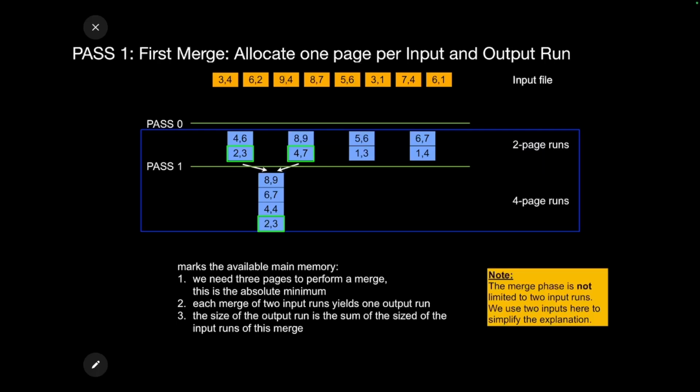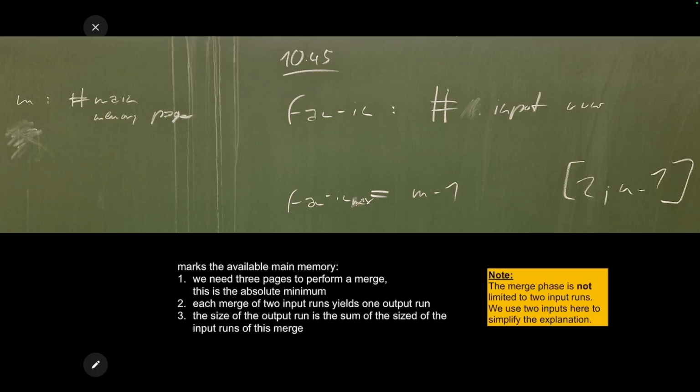Fan-in. The fan-in is the number of input runs you're merging. And if the number of pages, I have a variable already for that here somewhere.